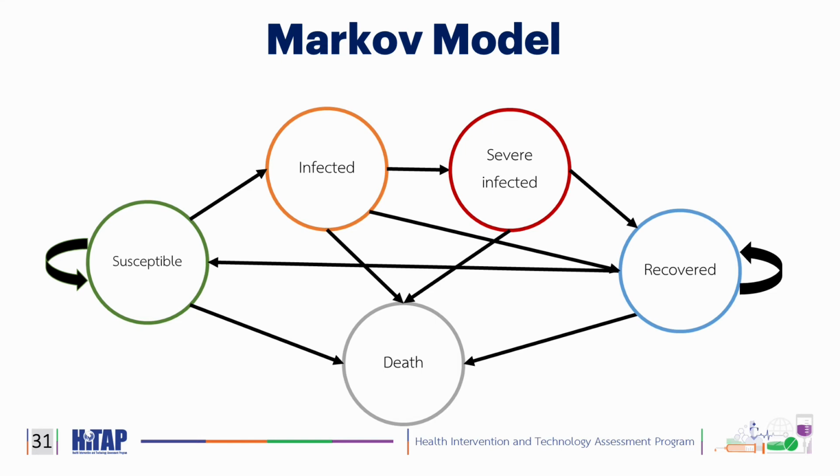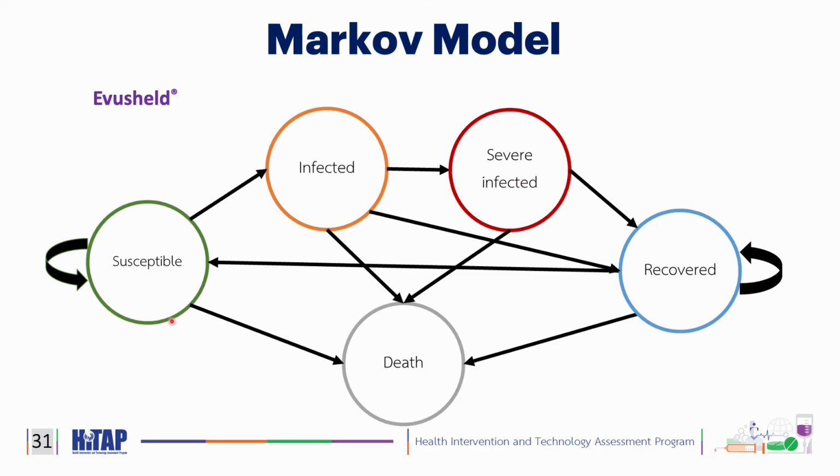So after we got the Markov model ready and the parameters ready, we first have to assume how our Markov model would go, how our patients would go. Starting with our Markov model here, a patient in the susceptible stage can turn into other stages.